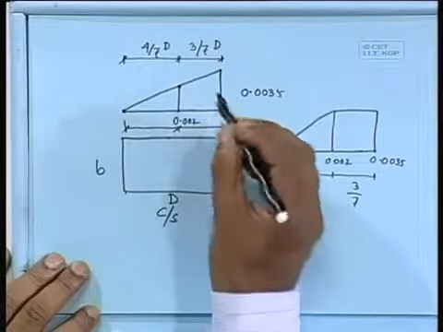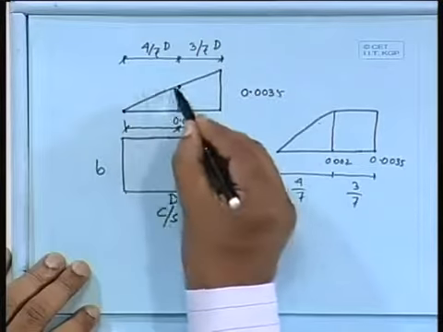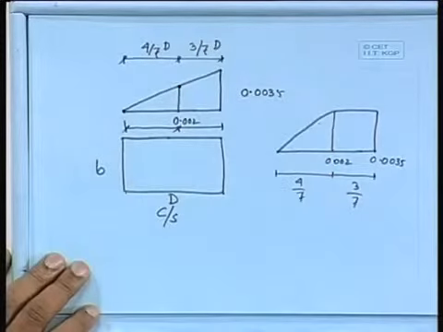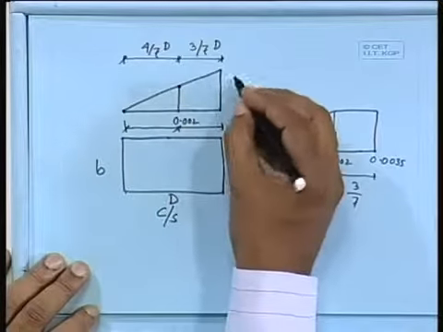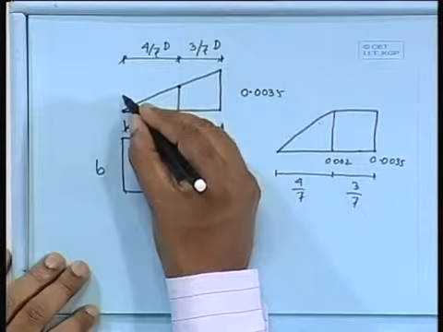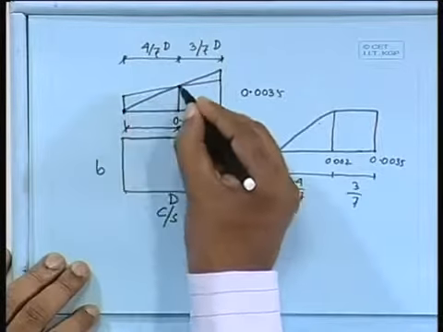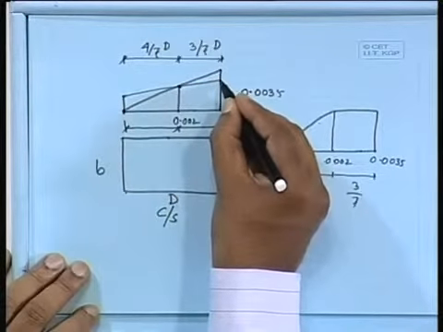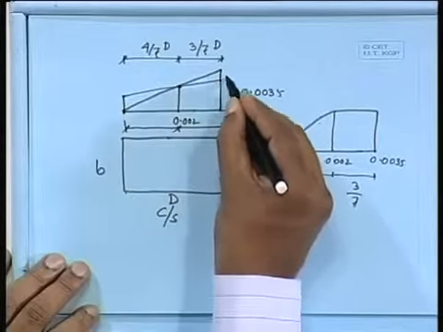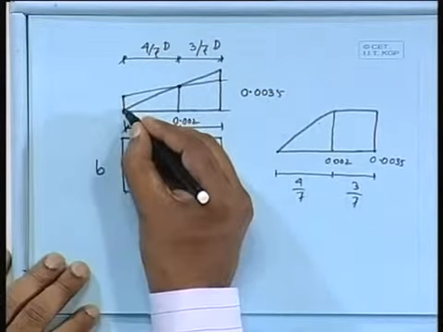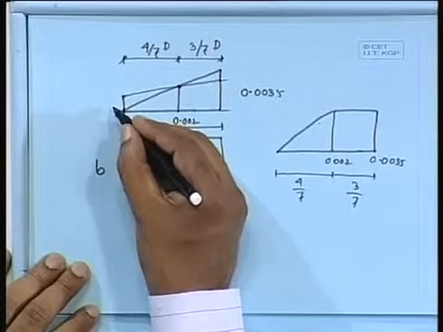The assumption says that if we rotate about this point, then we shall get one strain here which will be less than 0.0035, on the least compressed side, and the other on the maximum compression side.